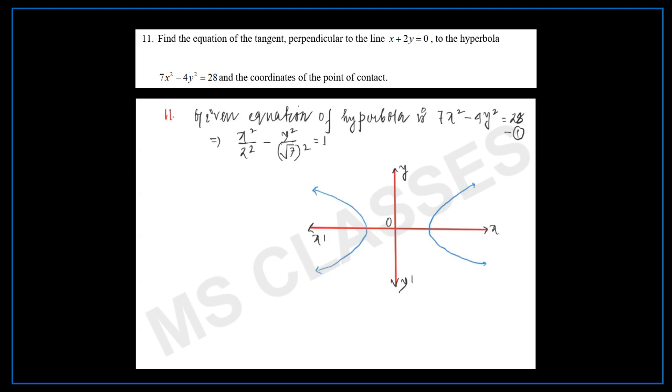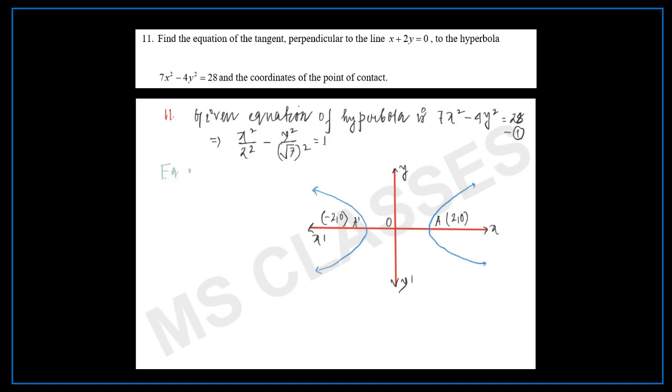Now the vertex A is (2, 0) here and A prime (minus 2, 0). Now what we find here: find the equation of tangent perpendicular to the line. There's a line here, the equation of the given line to which the tangent is perpendicular.